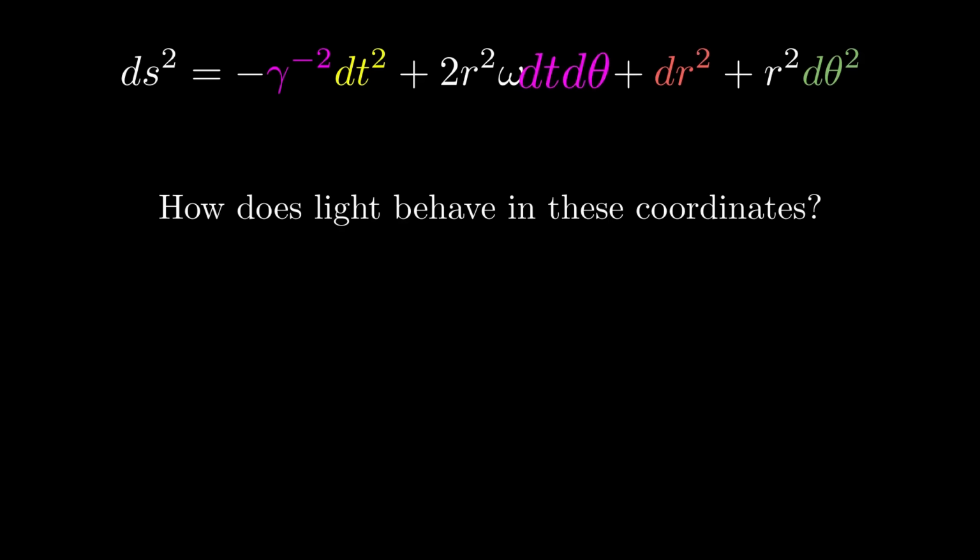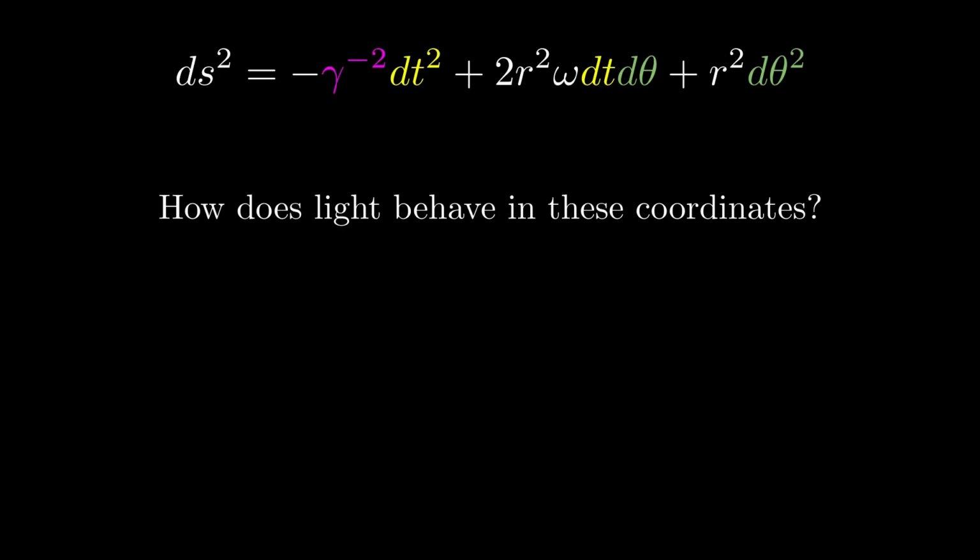Before we move on, let us examine what that ominous cross term dt times d theta does. What could such a combination entail? Here's an idea. Let us send light signals tangentially in opposite directions. We can set the radial differential to 0.